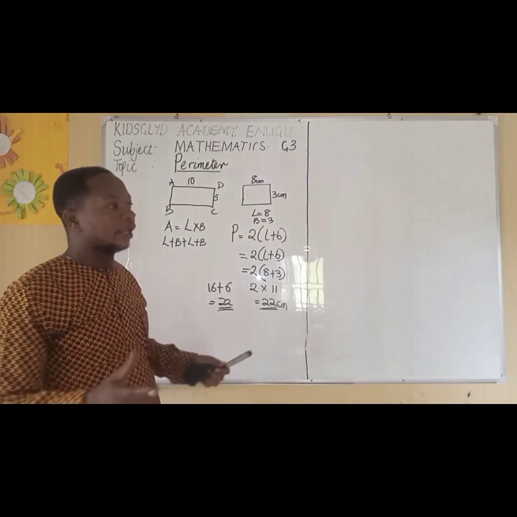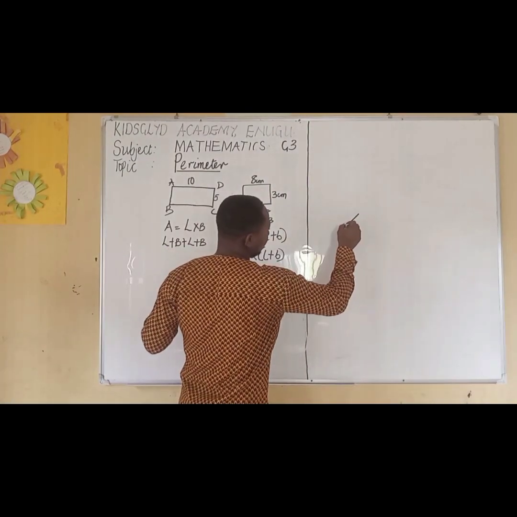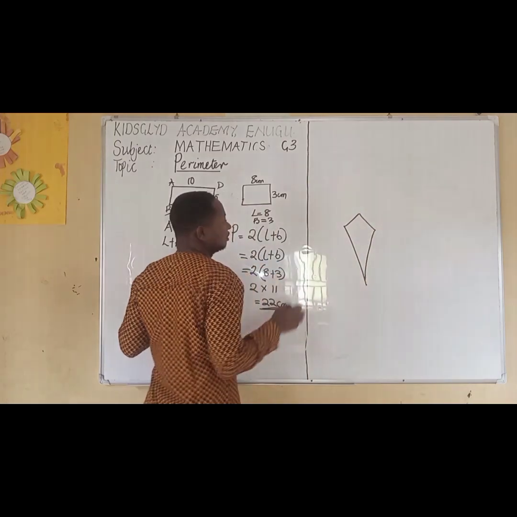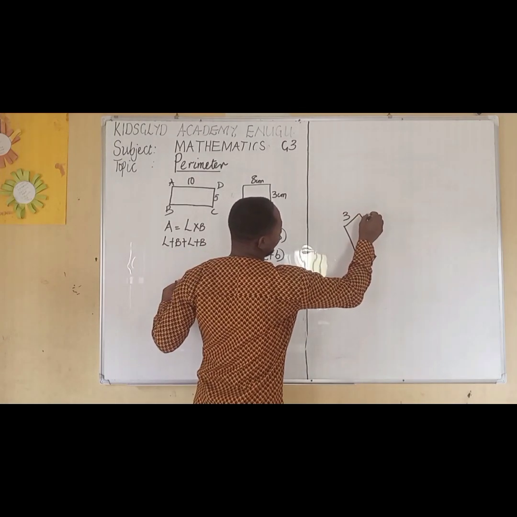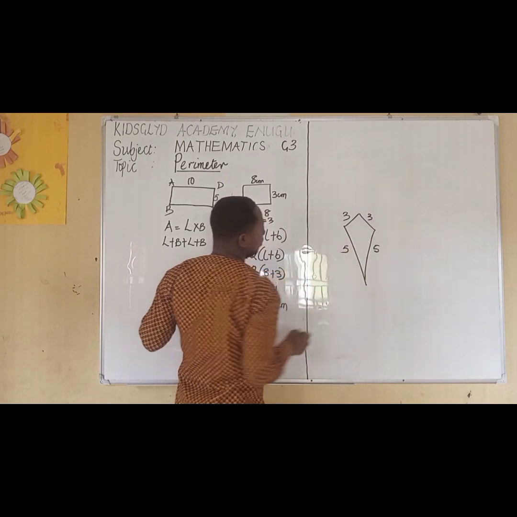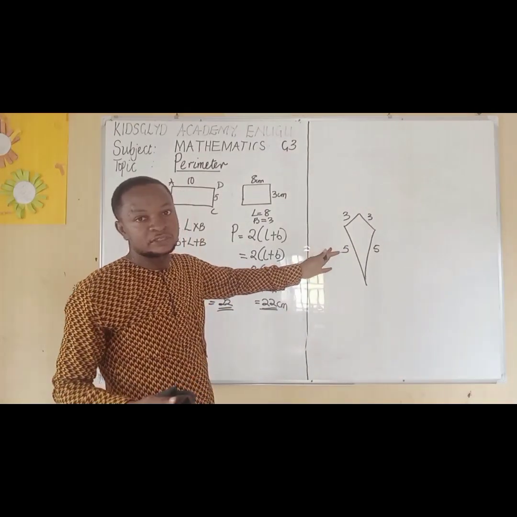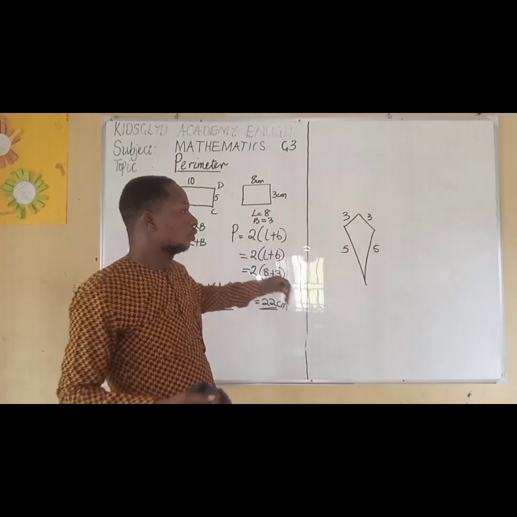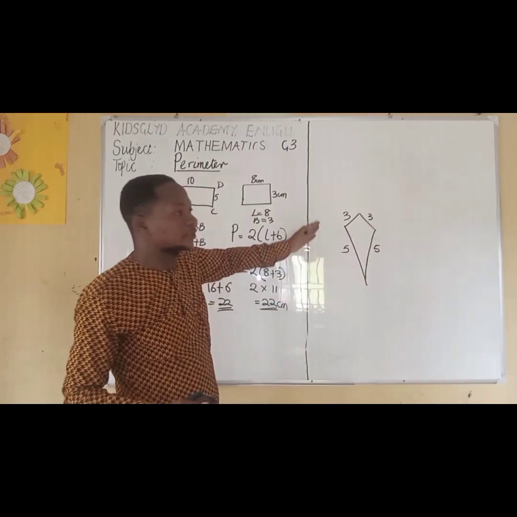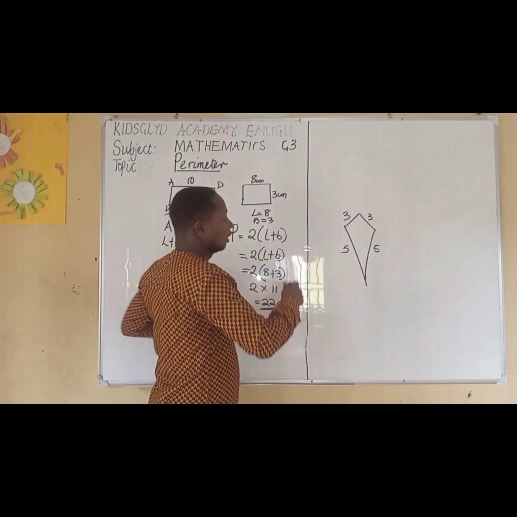Now, for other shapes that have different sizes, for example, we have this and this. Here we have 3, here we have 3, here we have 5, and here we have 5. To look for the perimeter of this shape, all we need to do is add all the sides together, because some of the sides are not equal.